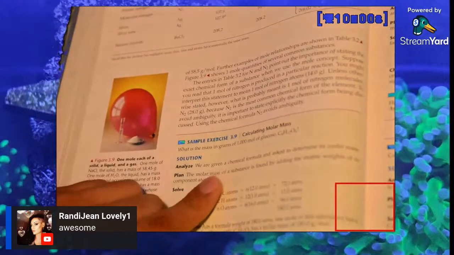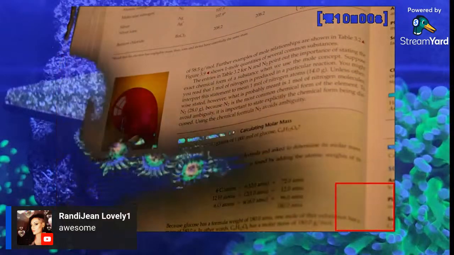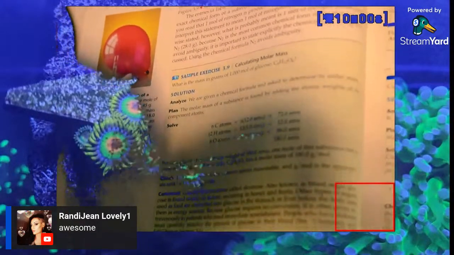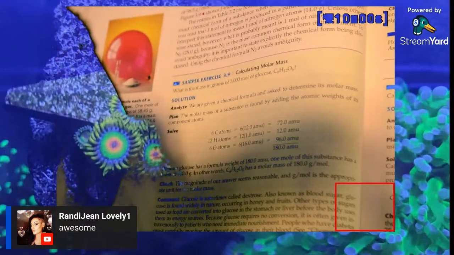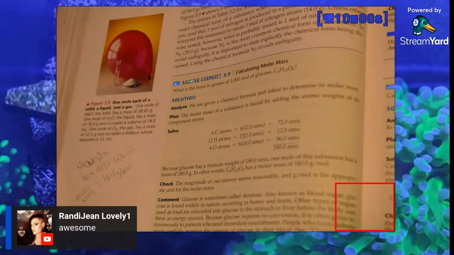So problem number 1. All right, what it says: what is the mass in grams of 1 mole of glucose, C6H12O6, with 3 sig figs?